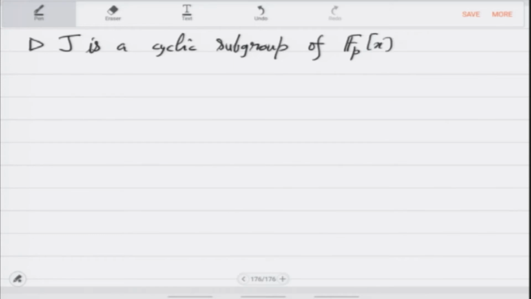So note that J is a cyclic subgroup of the field. Why is that?